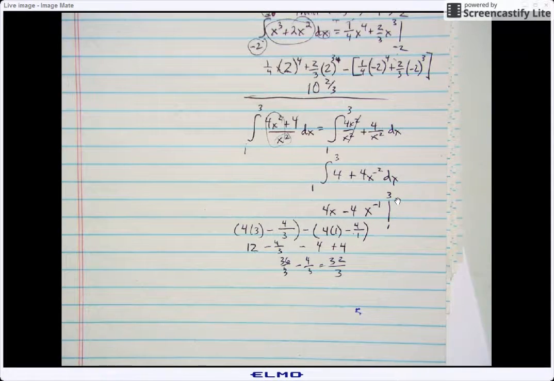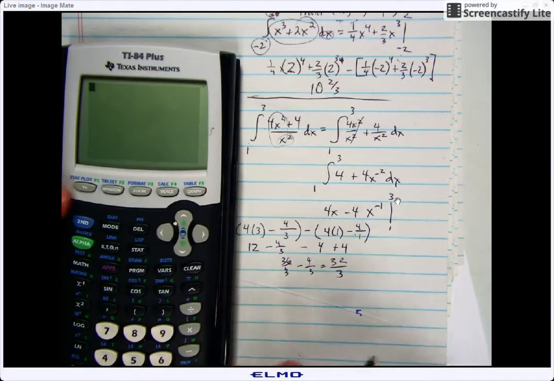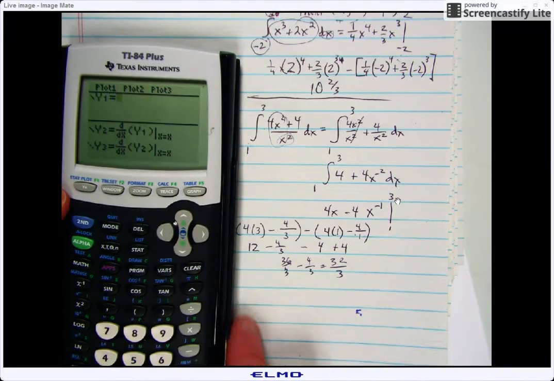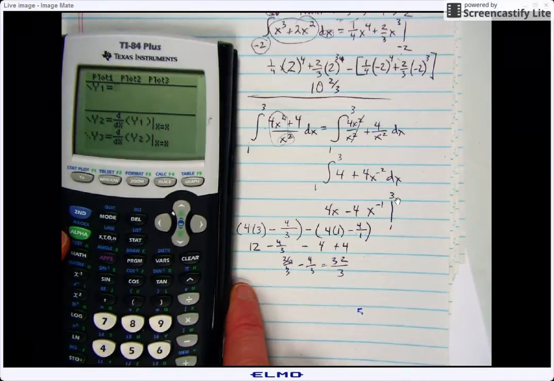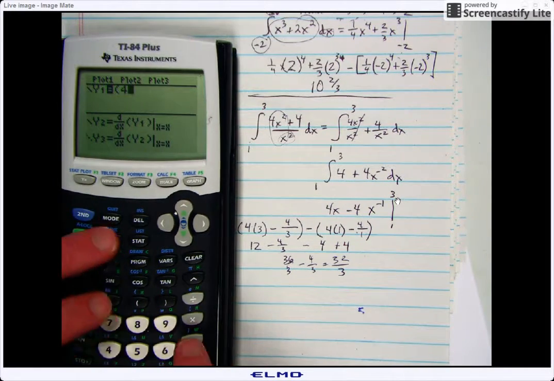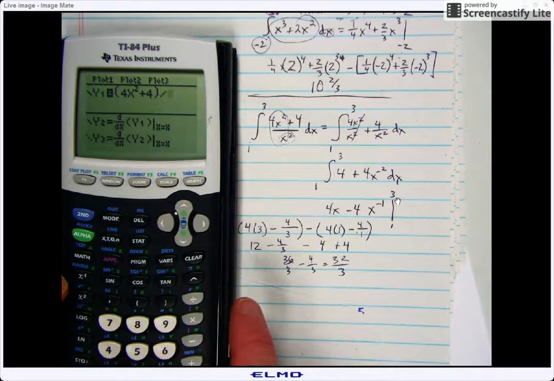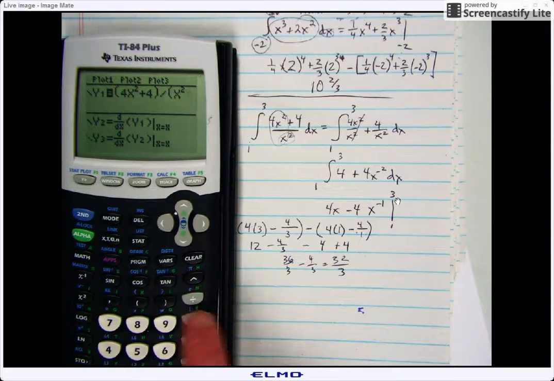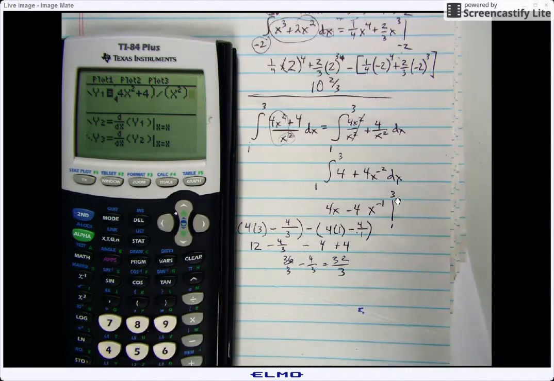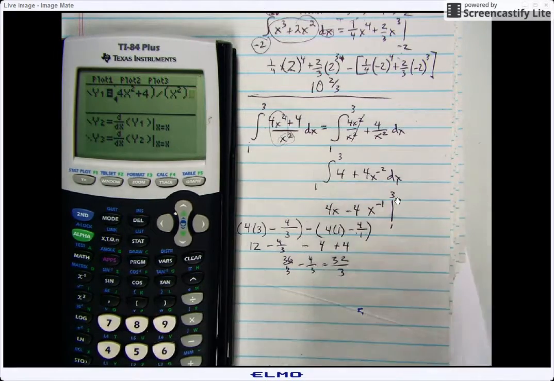Now let's verify. So if we go here, change what's in there. You can put the original back in. So 4x squared plus 4 over x squared. If you put the original in, that will also allow for catching of any algebra mistakes you may have made there.